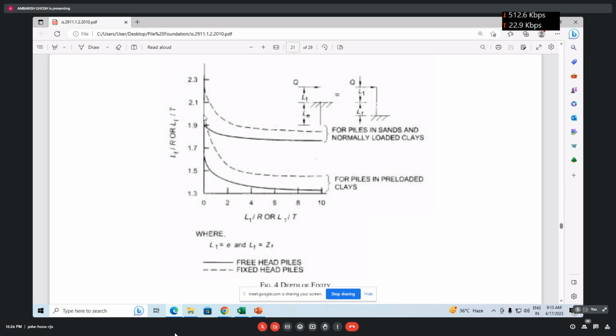This LF by R, in our case R we have calculated. So LF by R for a fixed head pile without eccentricity, that is L1 equal to 0, what is the value? If we take this clay group and this fixed pile, what is the value here?